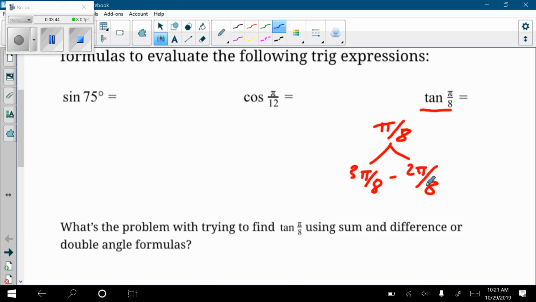That's cool because 2 pi eighths is pi fourths, but 3 pi eighths doesn't simplify to something on my unit circle, so that doesn't work. Maybe I can do pi fourths minus pi thirds, but no, that's not it. Maybe like pi halves minus pi thirds. Well, pi halves minus pi thirds, if I get a common denominator, no, it's just going to be pi 6.